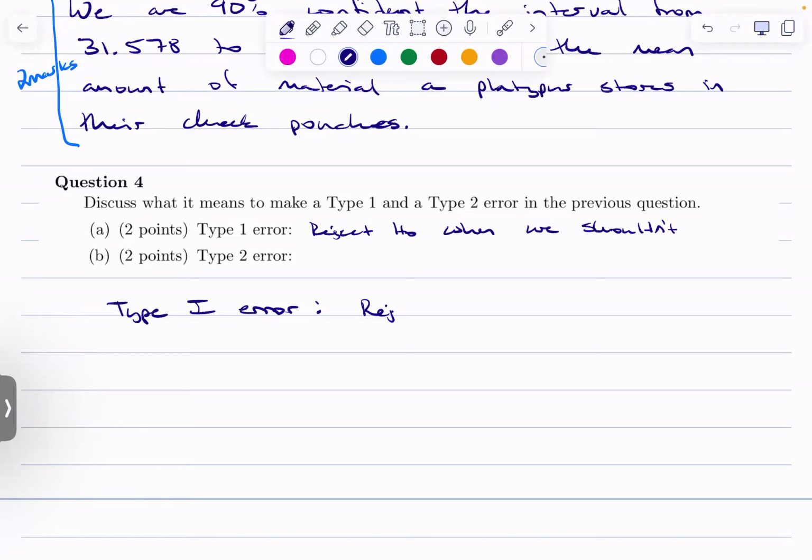That would be an error. And a type 2 error is fail to reject H naught when we should reject it.